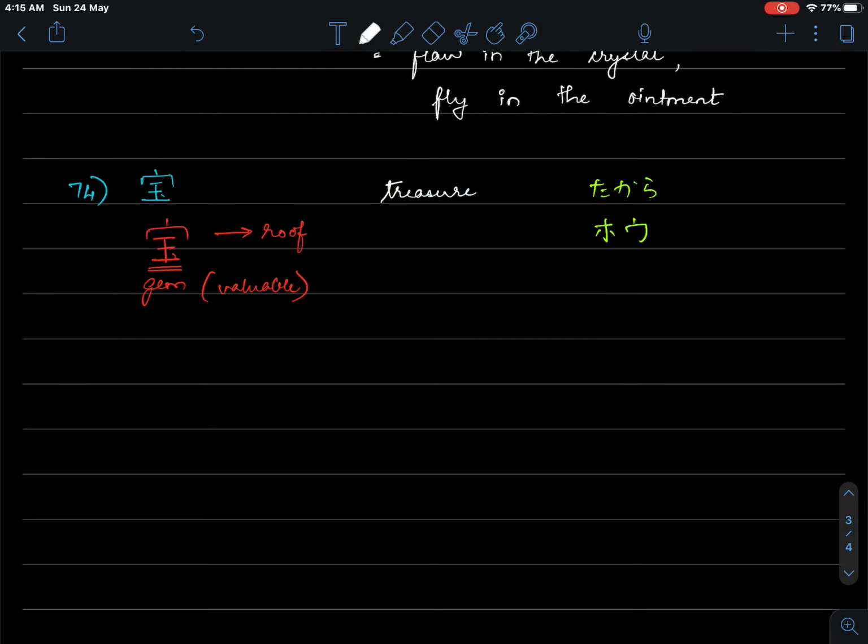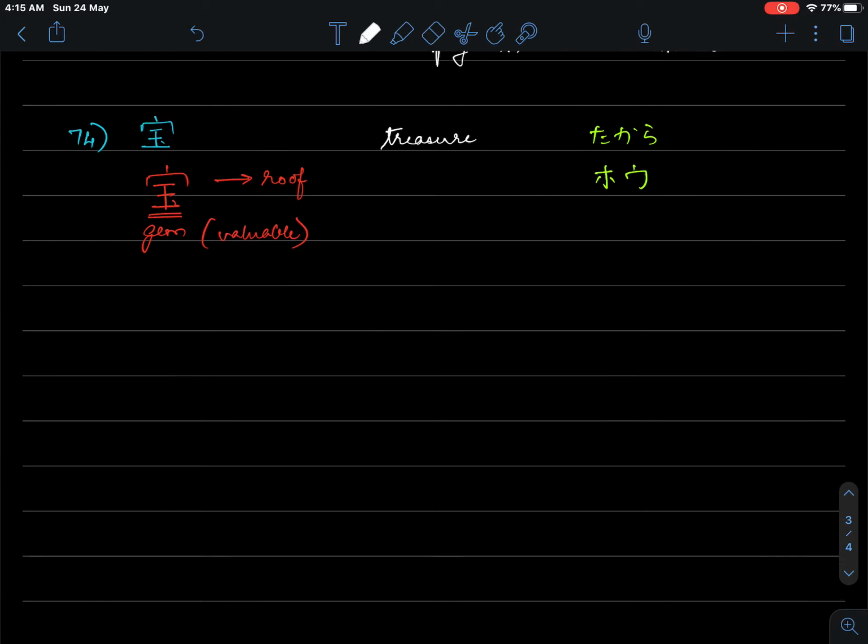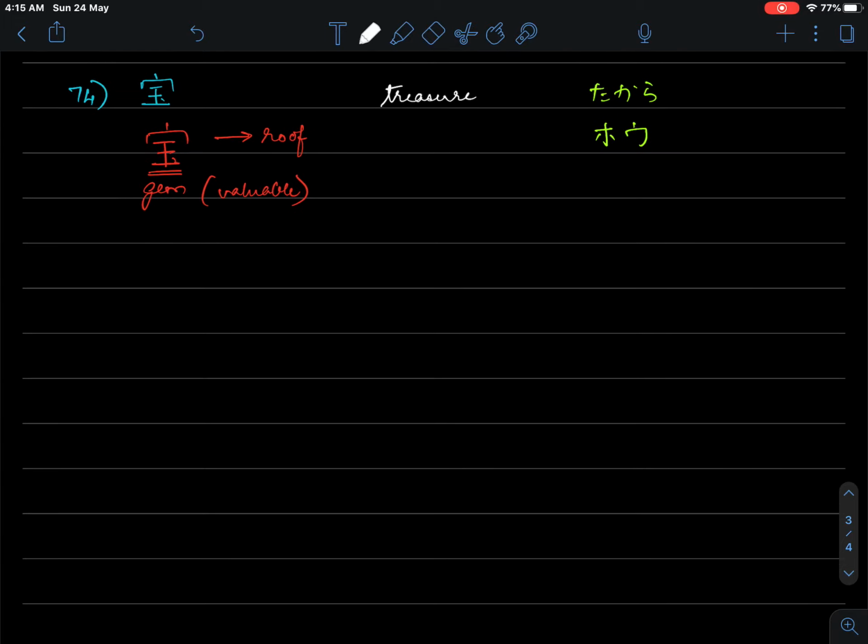Now let's quickly move on to some words. Hogyoku, which is again gem.